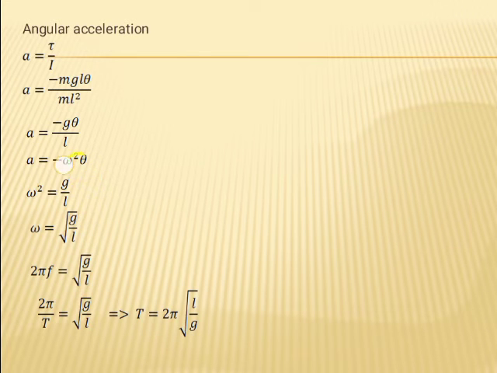This is not theta, it is y, which is your displacement. Please correct it. So understand this properly: a is equal to minus omega square into y is the acceleration of a particle executing simple harmonic motion.